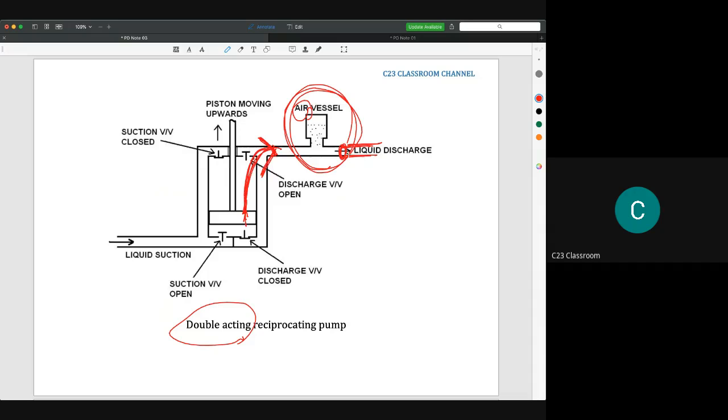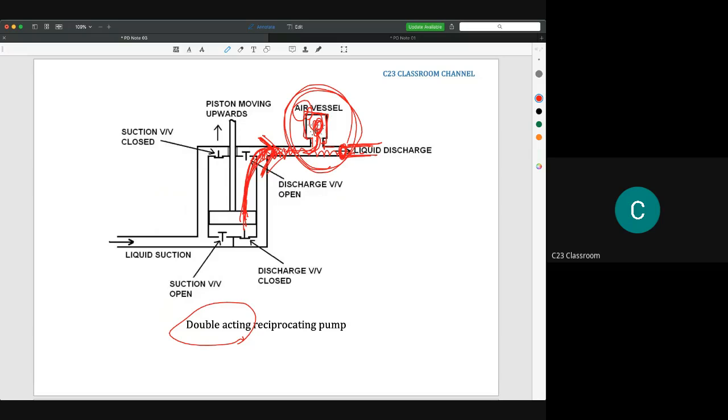So if the water is full in this pipe, the piston pump cannot push the water to flow anymore. That's why we create an air vessel here as a space that could receive the extra water flowing in this discharge pipe.